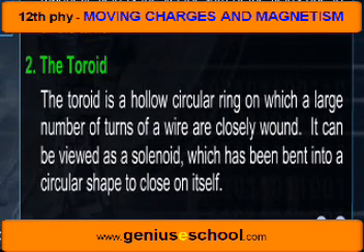The toroid. The toroid is a hollow circular ring on which a large number of turns of a wire are closely wound. It can be viewed as a solenoid which has been bent into a circular shape to close on itself.